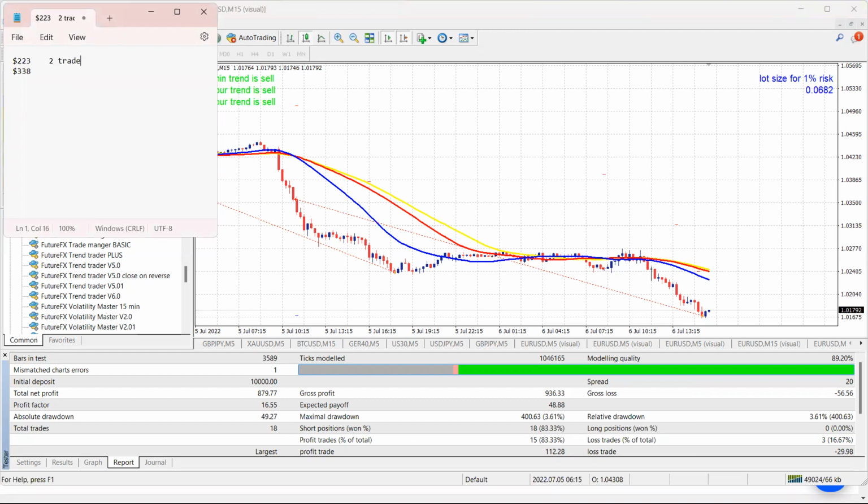Two trades on the original, 4 trades on the newer version. Okay, and now running it on the 5-minute time frame, we've made $879 and it's taken out 18 trades.